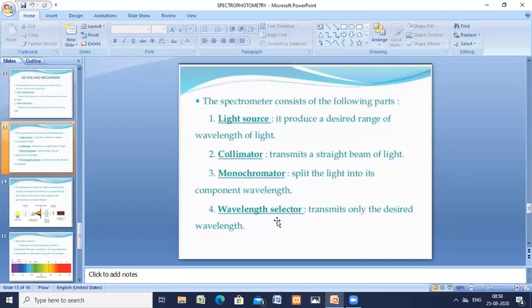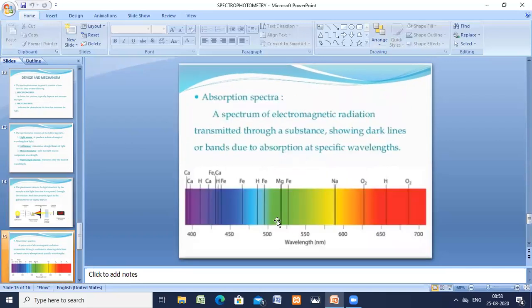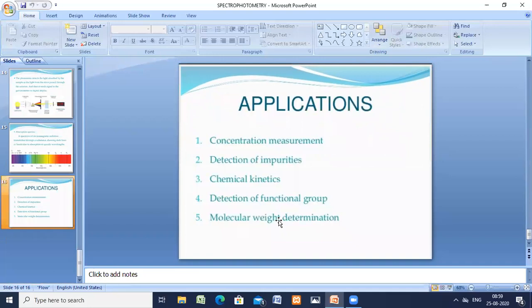Now, in the spectrophotometer, what is a spectrometer and what is a photometer, we have seen. We have seen the absorption spectrum, and the applications were explained in a simple way: chromium in dichromate, manganese in manganese sulfate, and iron are determined.